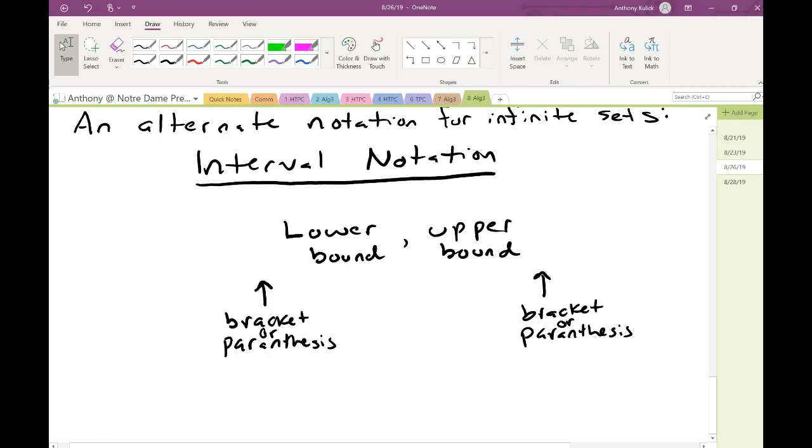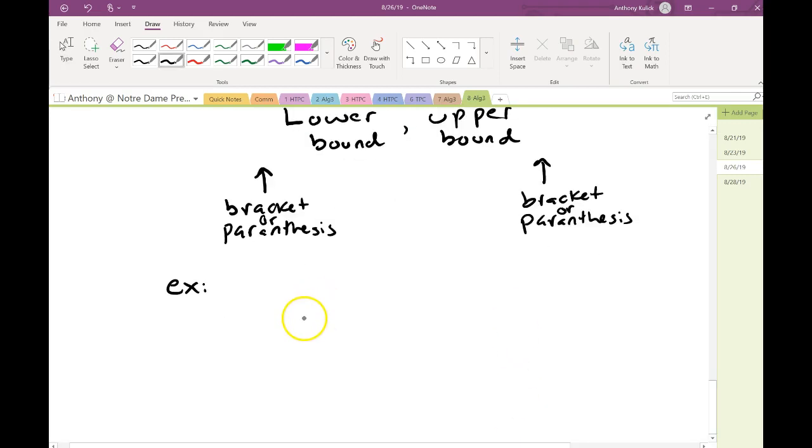All right. So let's do some examples of writing some infinite sets using interval notation. So we can talk about what we mean by lower and upper bound and how to make the decision whether we should have a bracket or a parenthesis in a given location. So let's say the set that I want to describe are the numbers such that 3 is less than or equal to x, which is less than or equal to 10.